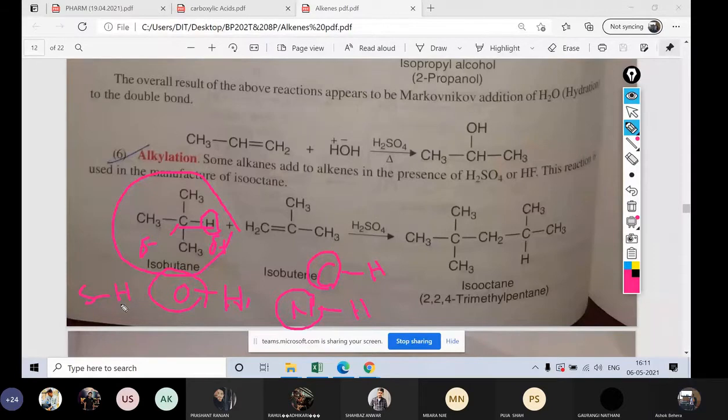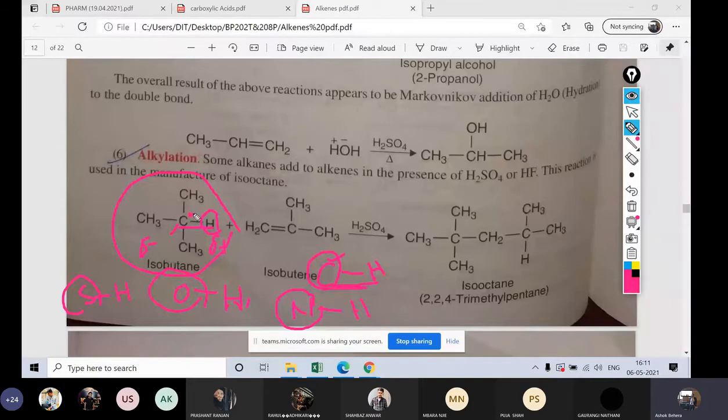Understood everyone? Yes or no? So sulfur, oxygen, nitrogen, carbon are always a little more electronegative compared to hydrogen. But for carbon and hydrogen the electronegativity difference is very small. Still, carbon is the rich guy compared to hydrogen. This has to be remembered.